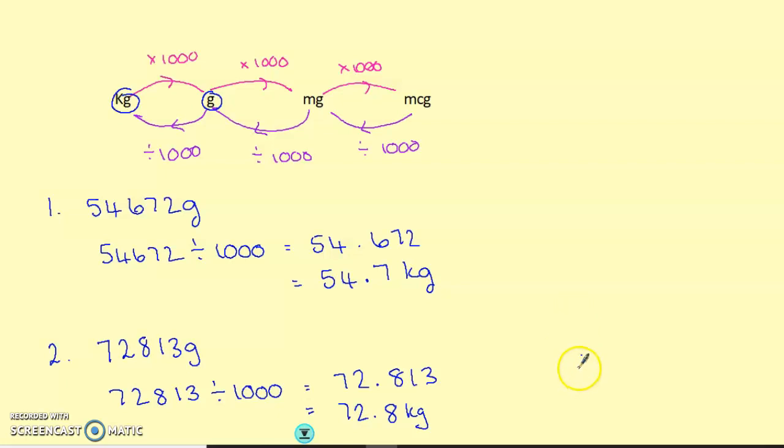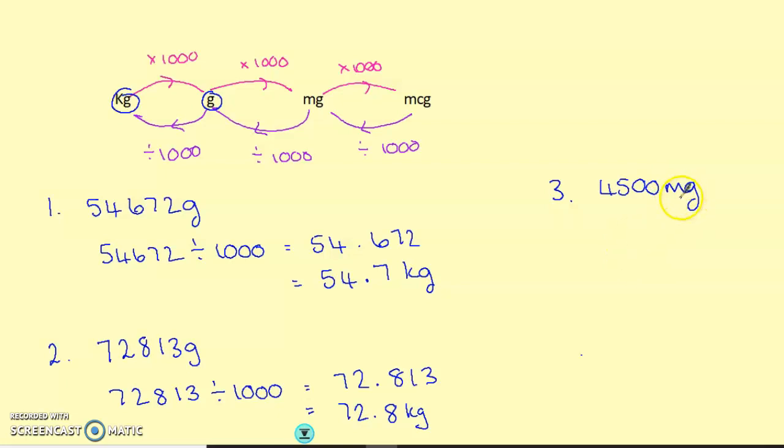In fact, one more I want you to practice from this one before we move on to millilitres and litres, before we move on to volume. I also want you to practice going from milligrams to grams. Same idea, really. We're still dividing by 1,000. But let's see what happens if we want to go from 4,500 milligrams, I said micrograms before, sorry, milligrams.